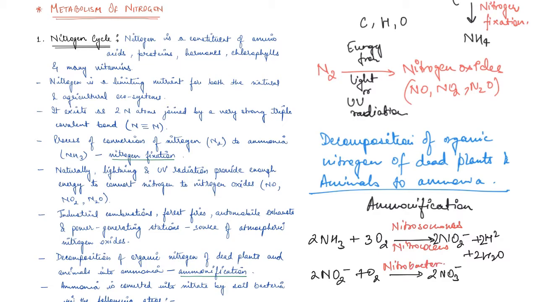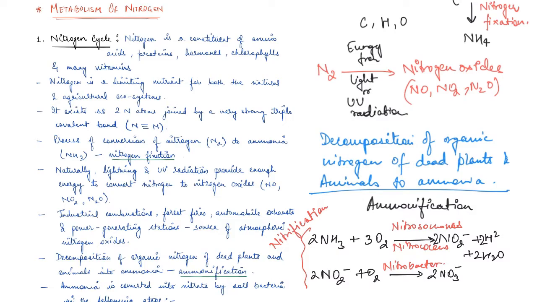So basically, the bacteria present in the soil are oxidizing this ammonia into nitrites and then to nitrates. Now, this step is known as nitrification, right?